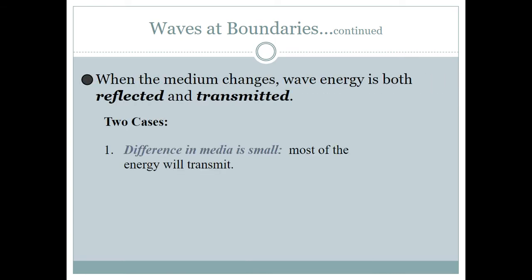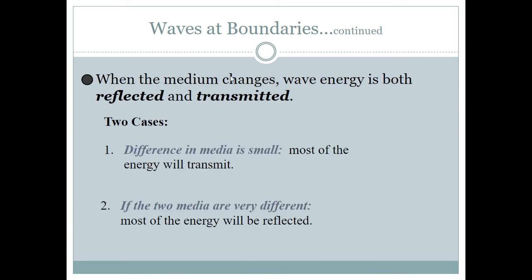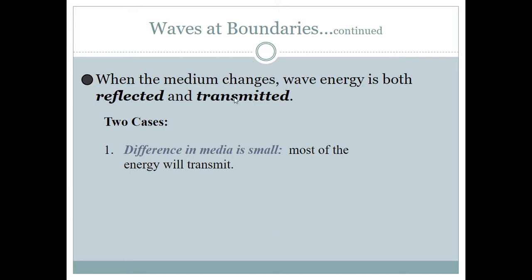Okay, so there's two cases. When the medium changes, wave energy is both reflected and transmitted. We saw that. If the difference between the two materials is very, very small, meaning you have two ropes that are almost the exact same mass but slightly different, almost all the energy transmits.